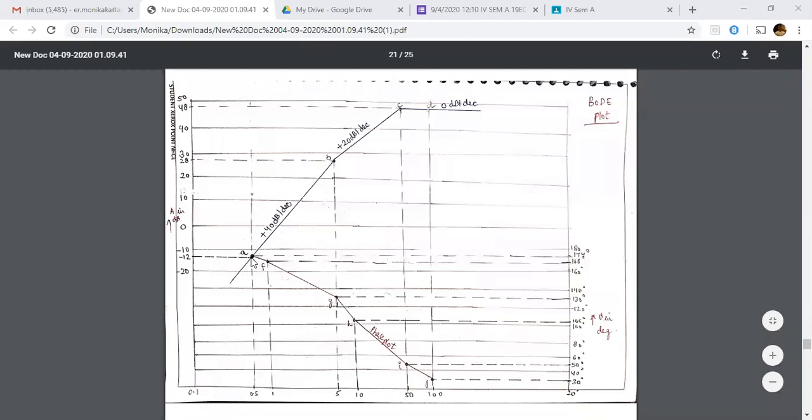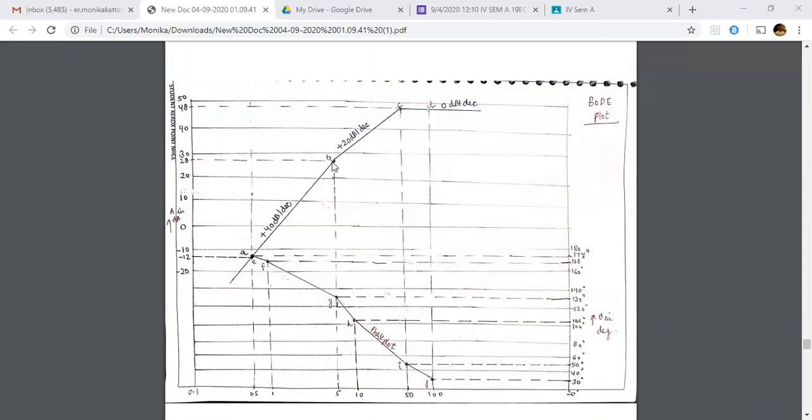When you join points A and B with the help of a ruler, you see that the frequency here is 0.5 and the frequency here is 5. When you change the frequency from 0.5 to 5, that means when the frequency is increased 10 times, one decade, what is the rate of change of slope? 28 minus minus 12 becomes 40.